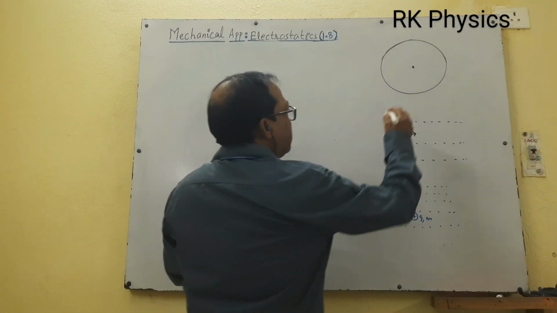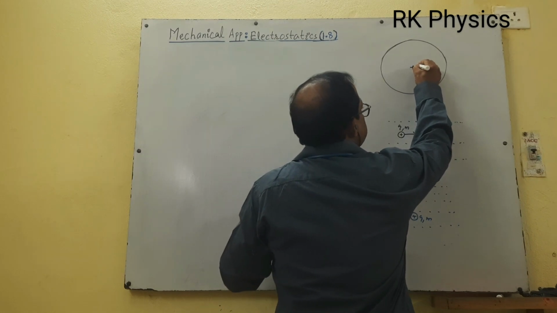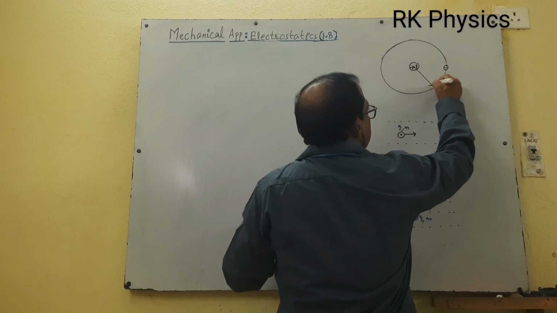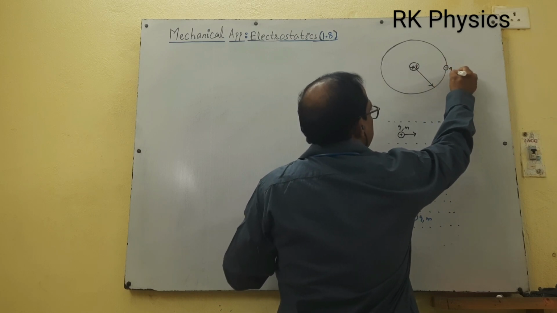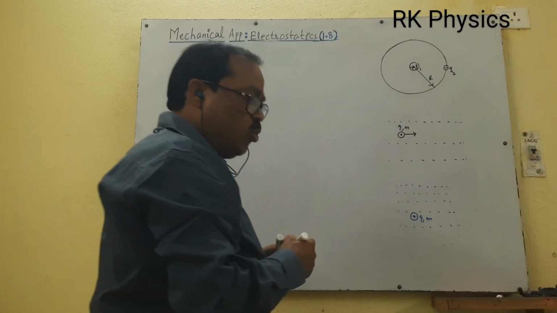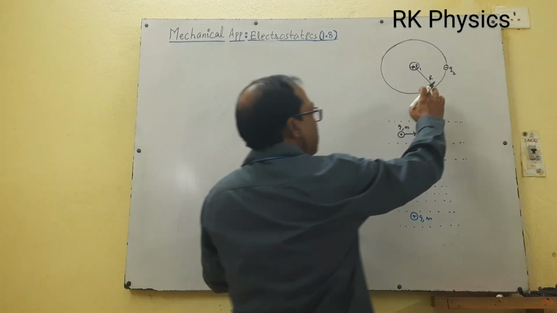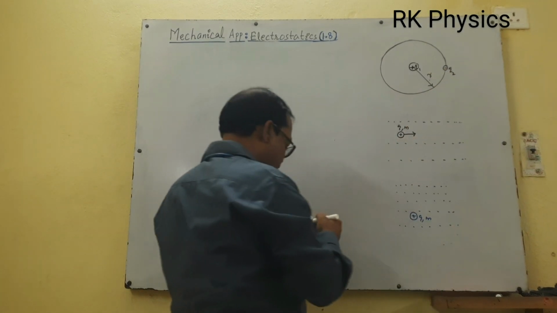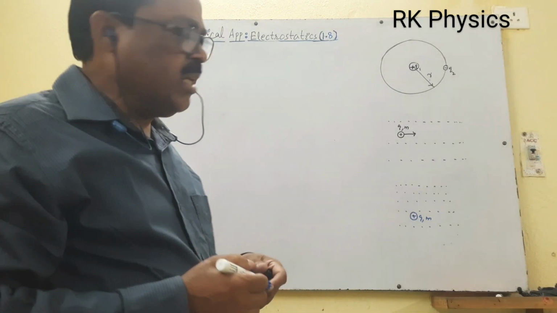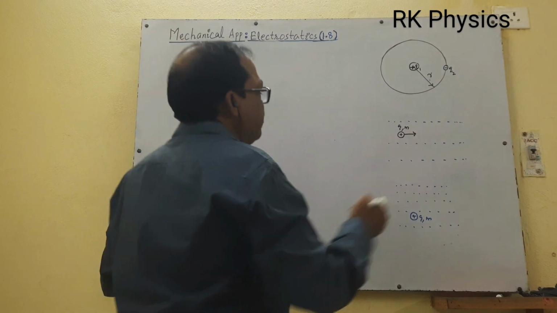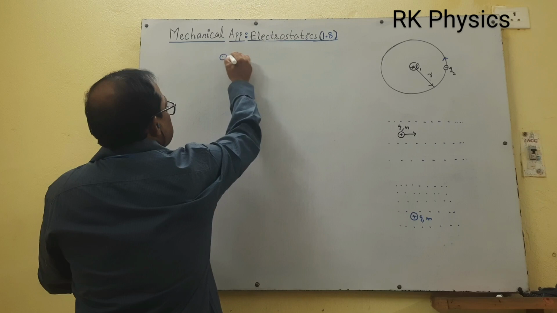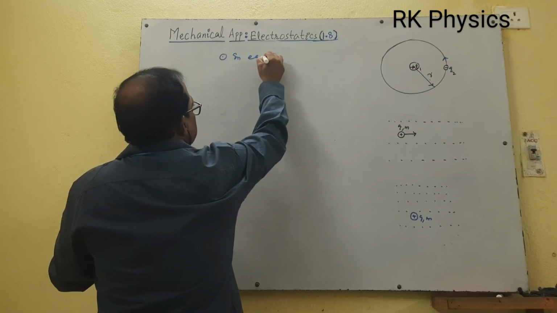Okay, let us start. Suppose a positive charge Q1 is at the center, and a negative charge, an electron, Q2, is orbiting around Q1 in a circular path of radius r. If Q2 is revolving in that circle continuously without deviating, then the system is said to be in equilibrium.